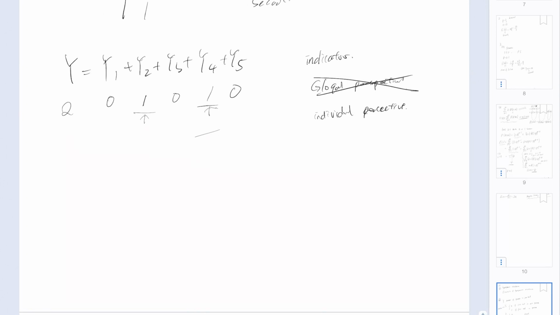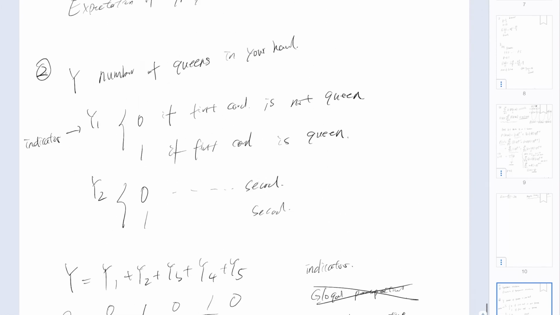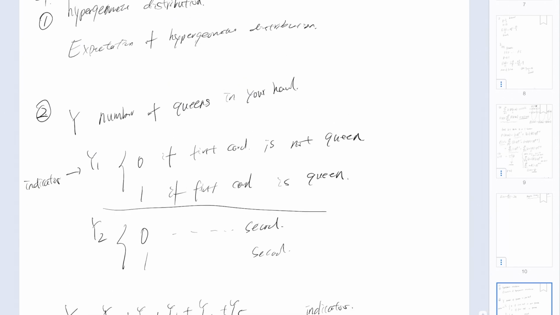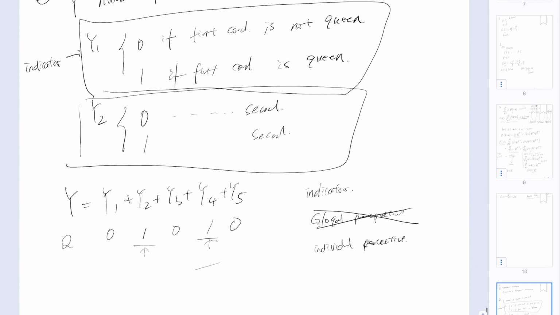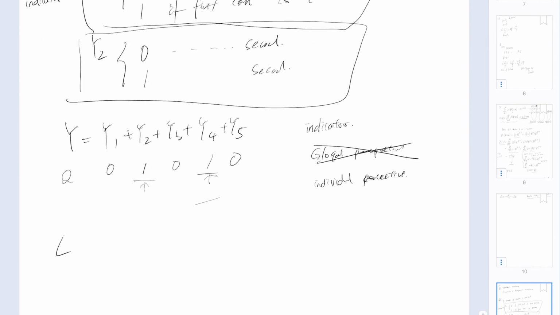And the good thing about splitting the random variable is that y1, y2, y3, y4, y5 are the same. They are just different positions of the cards in your hand, but their distributions are all the same. As you can see, they are all 0 or 1. So they are identically distributed.